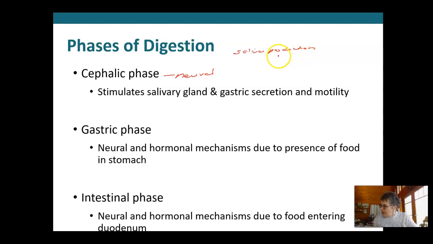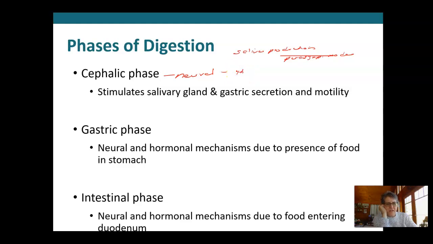The nerves are the facial nerve, the glossopharyngeal one, and then the vagus nerve. The vagus nerve means I'm going to be in parasympathetic mode, my resting and digesting mode. What actually turns this on isn't necessarily food in the mouth.